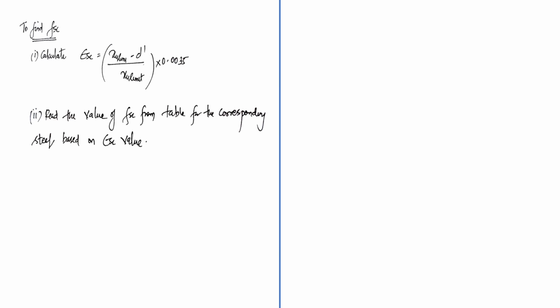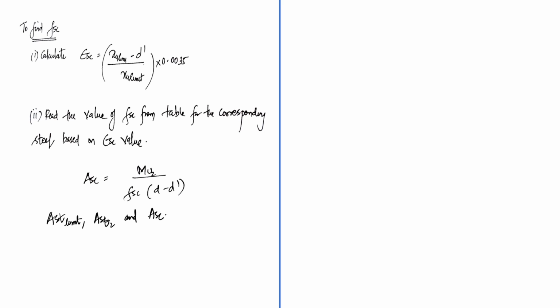Read the value of FSC from the table for the corresponding steel based on the epsilon SC value. From there you will get the value for ASC as MU2 divided by FSC into D minus D dash. Now you have obtained the values for AST limit, AST2 and ASC.